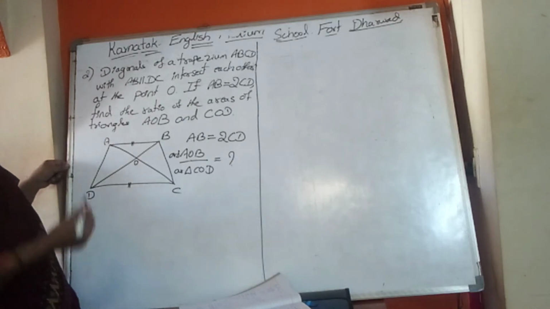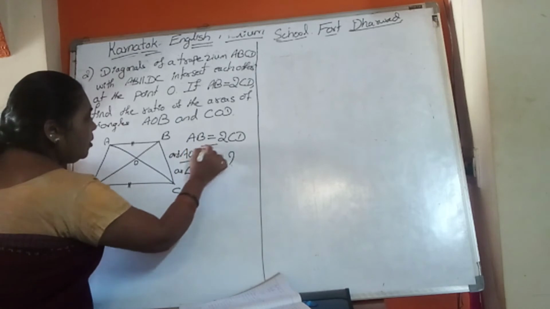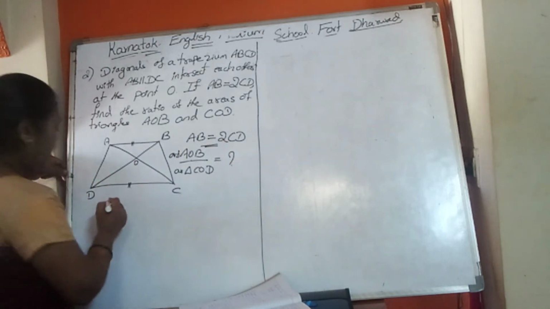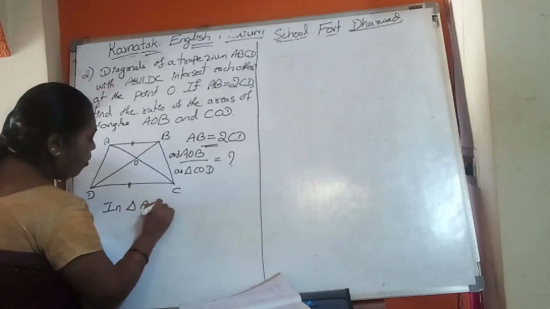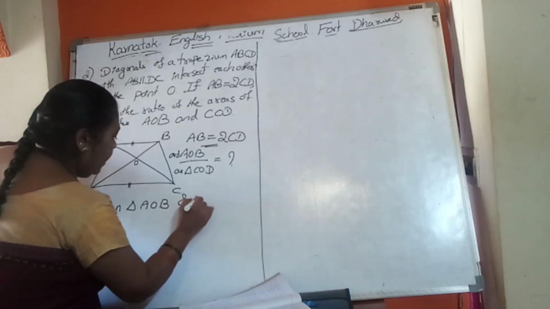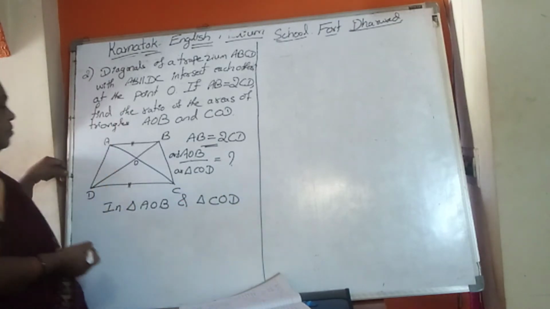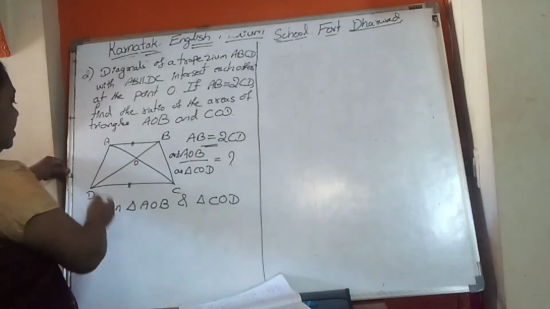How? It is very easy. They only gave AB equal to 2CD. So, in triangle AOB and triangle COD.